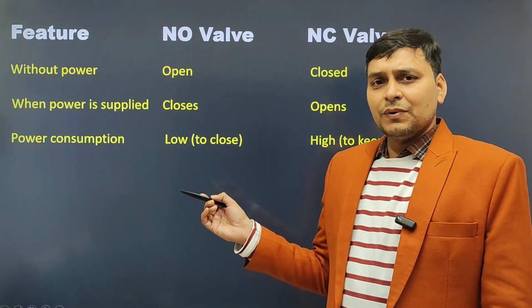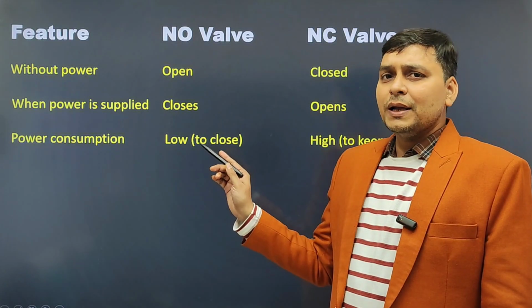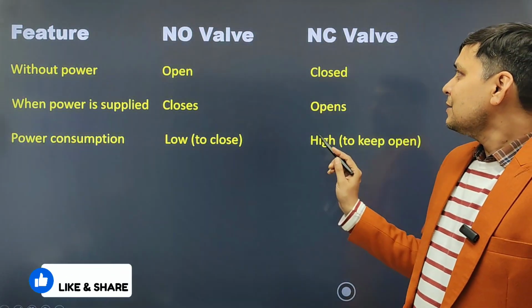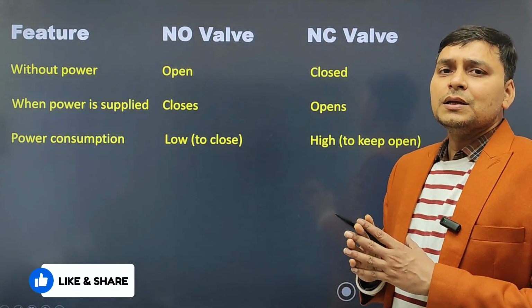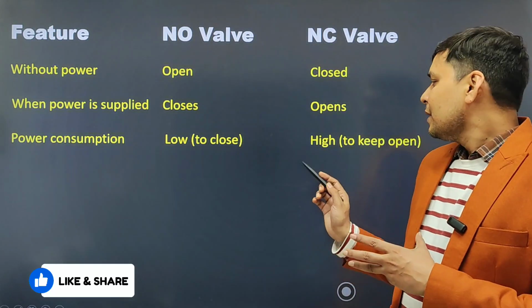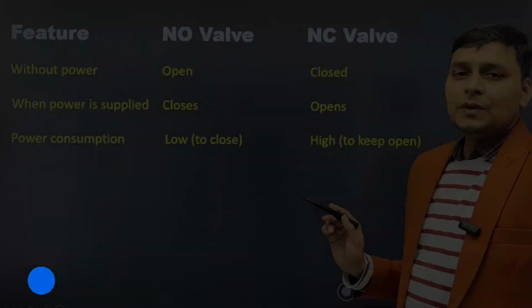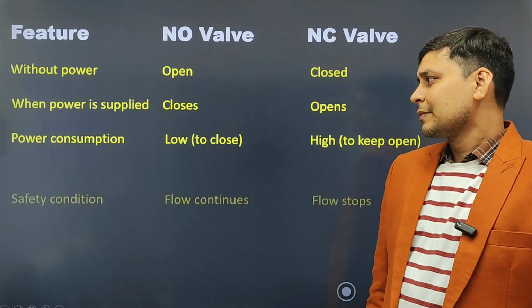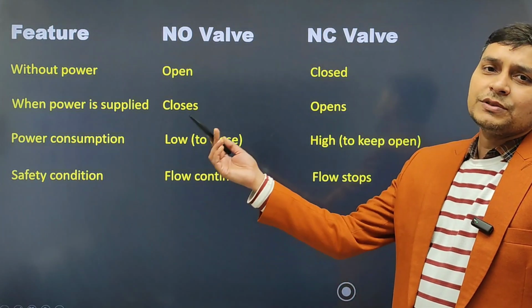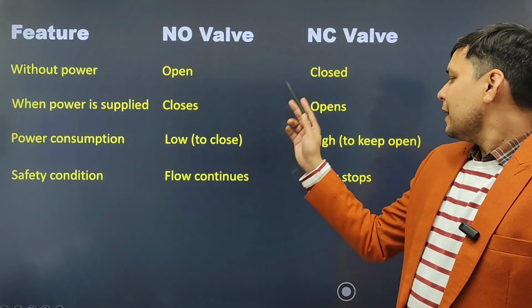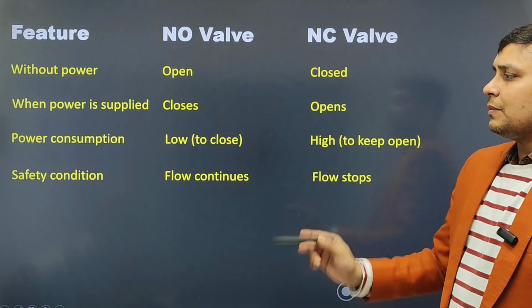When we need to close the valve, we provide the supply to the coil and the valve will close. But in the NC valve case, the power consumption is high because we need to give the supply to the valve to open it. If we talk about safety condition, flow continues in this valve and flow stops in the NC valve.